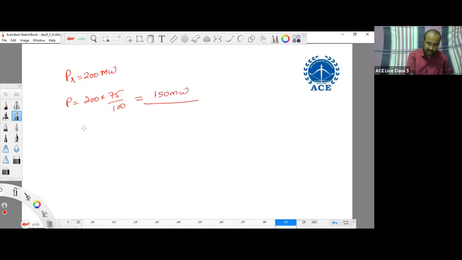Here the fuel cost equation is given in the question: 0.2 P square plus 30P plus 100. So the fuel cost will be 0.2 into 150 square plus 30 into 150 plus 100.